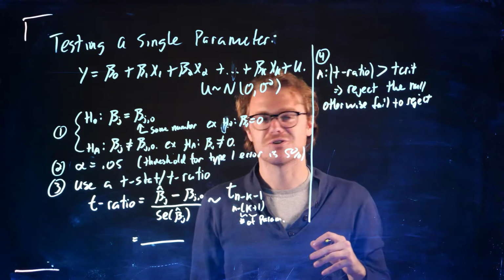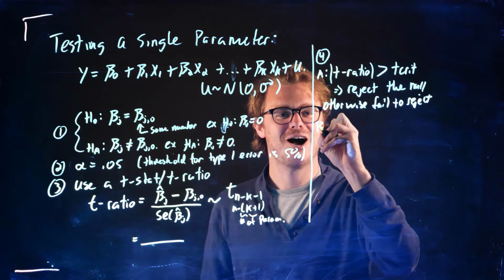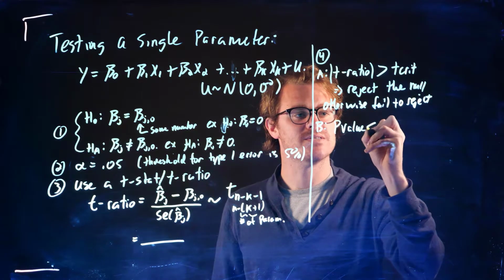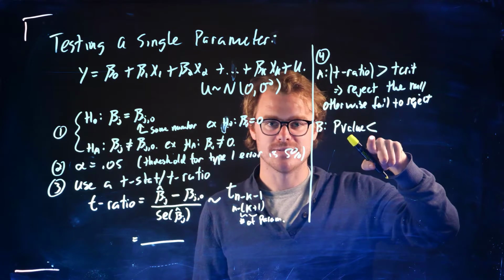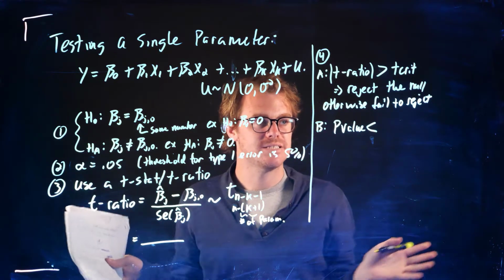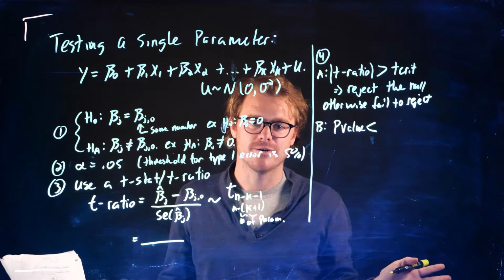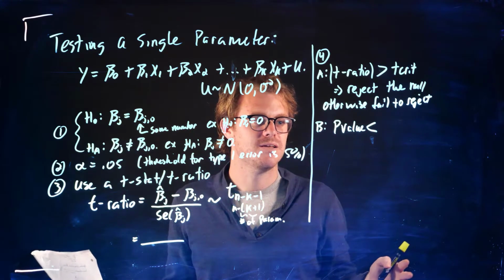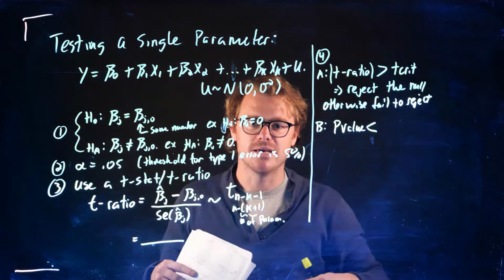Hoping this is all still on the screen here. And remember, option B was to use the p-value. If the p-value was less, notice that this one's greater and this one's less than, because the greater the t ratio, the smaller the p-value. Or as Dr. Gregor Smith liked to say, big T, little p.